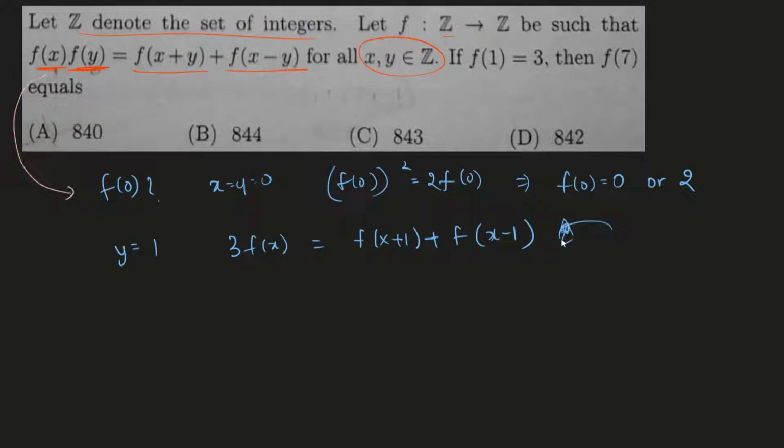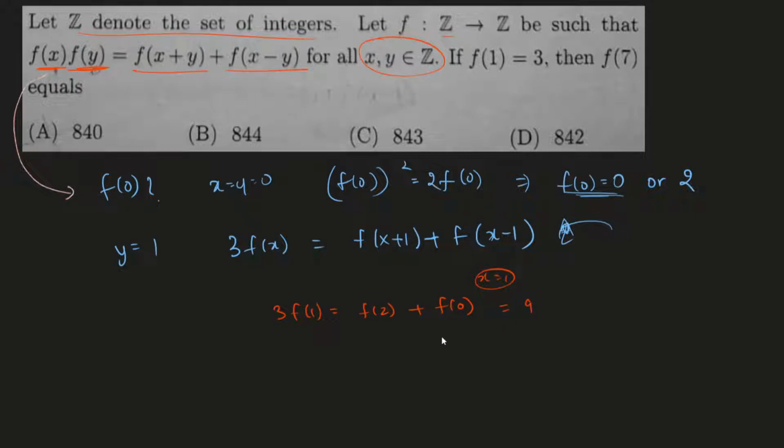So let's think about how we can figure out what exactly f(0) is. To get f(0) in this equation, let's try putting in x equals 1. That would mean 3 times f(1) equals f(2) plus f(0). 3 times f(1) is, well, 9.